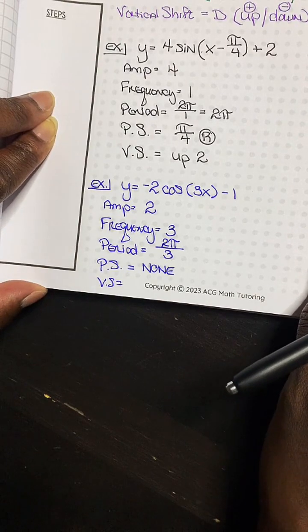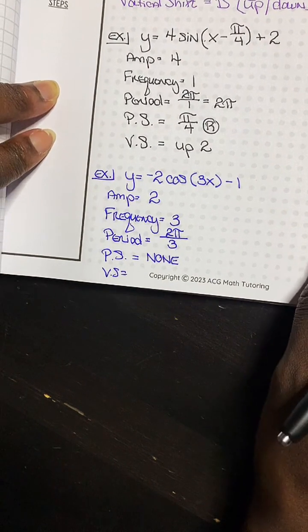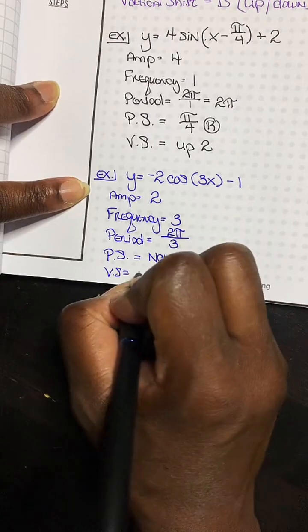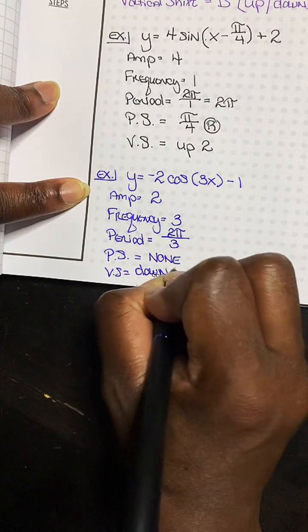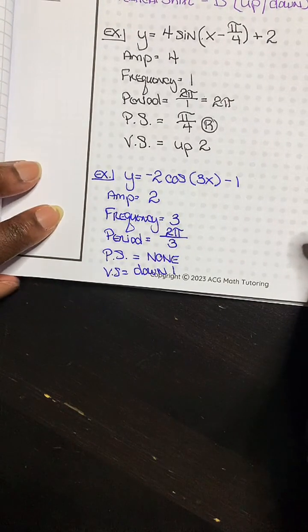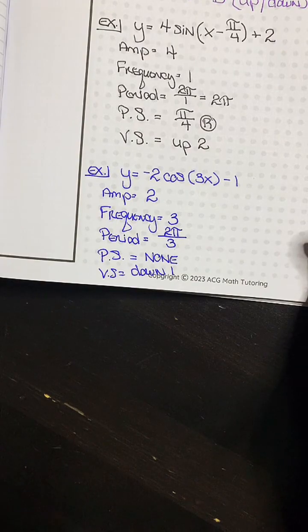Good. Mount saying 1. But since it's a -1, yes, we are going to go down 1. Okay, good. Down 1 unit. There you go.